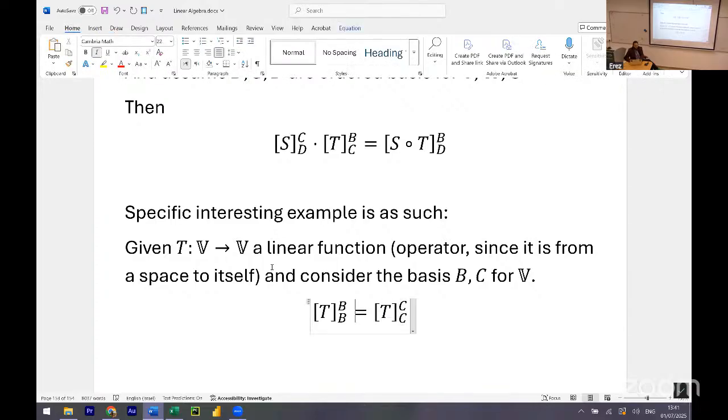These are not equal. These will be two different matrices. But the question is how to change from one to the other.